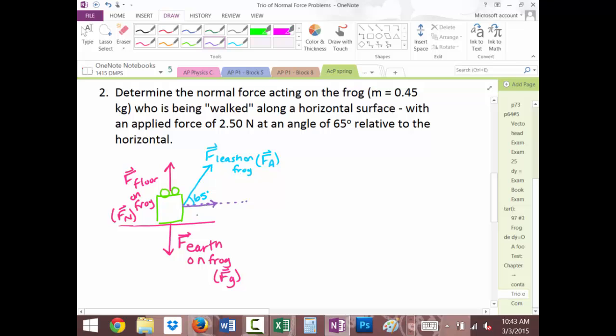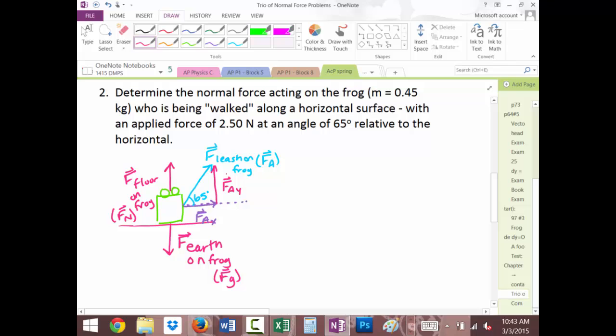I'm going to call that FA sub x. It's just like that homework problem we were just talking about. And I've got one that goes up. I'll call that FA sub y. See how this all fits together? It's good that we did chapter 3 before we were doing this, right? I wouldn't know how to do this if I hadn't done chapter 3 already.